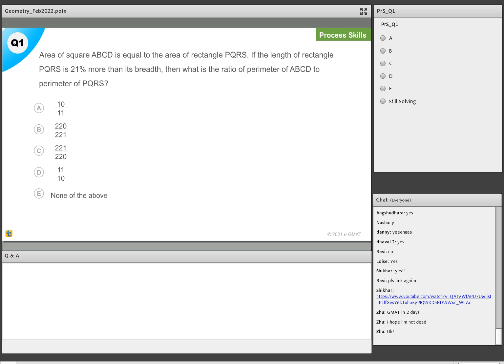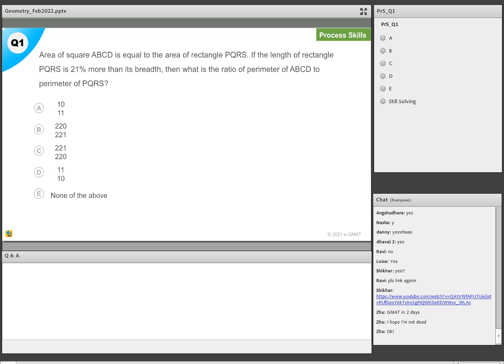Alright folks, last 10 seconds. Four, three, two, one. And those who are still stuck solving, it's a good time to take your best shot. Gut feel at this point. And then let's move on.